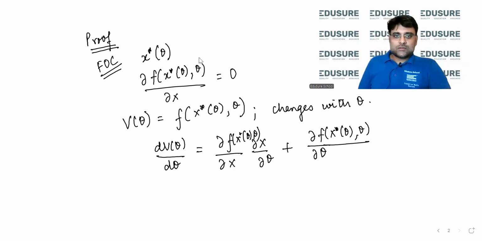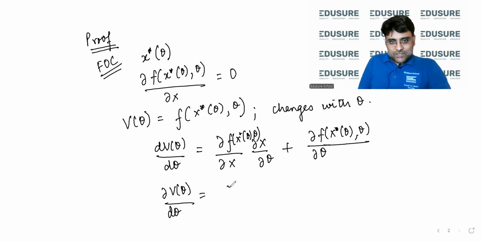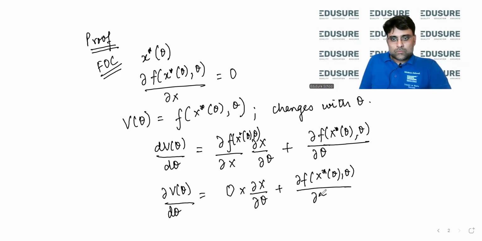So this particular derivative simplifies to, this part is 0. This becomes 0, and this is basically del f del theta.